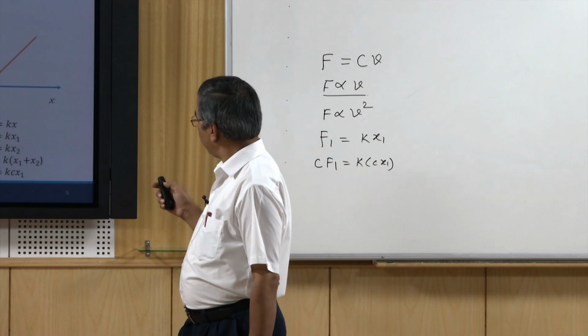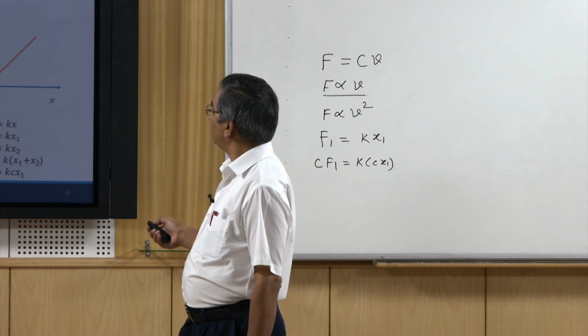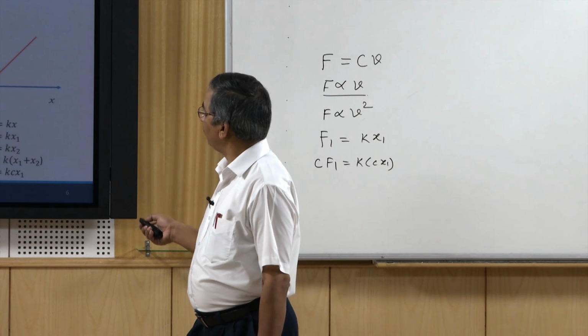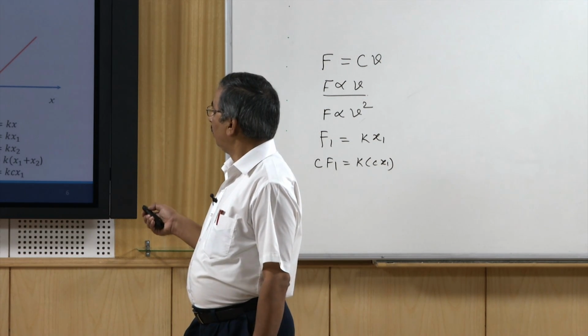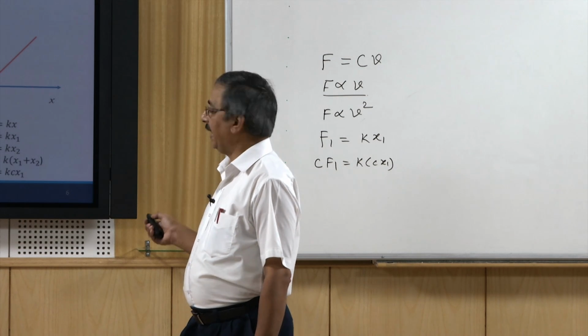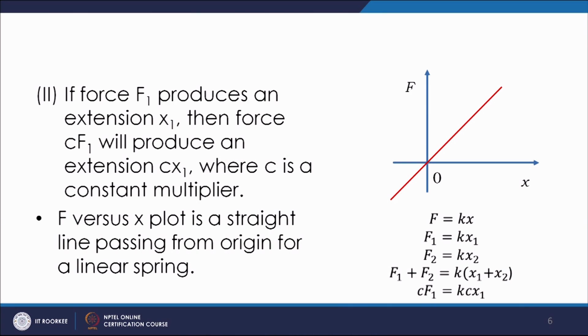So, let us see this graphically. Suppose we have a linear spring, and I plot the force versus x. You can see that F is equal to Kx, which is the characteristic of the spring, and F1 is equal to Kx1 and F2 is equal to Kx2.